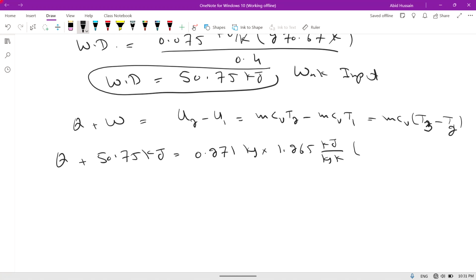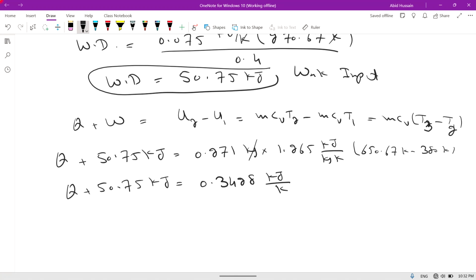So T3 is equal to 650.67 Kelvin minus 380 Kelvin. So Q plus 50.75 kilojoule is equal to 0.271 multiplied by 1.265 is equal to 0.3428 kilojoule per Kelvin. This kilogram will be cancelled with kilogram. And 650.67 minus 380 is equal to 270.67.